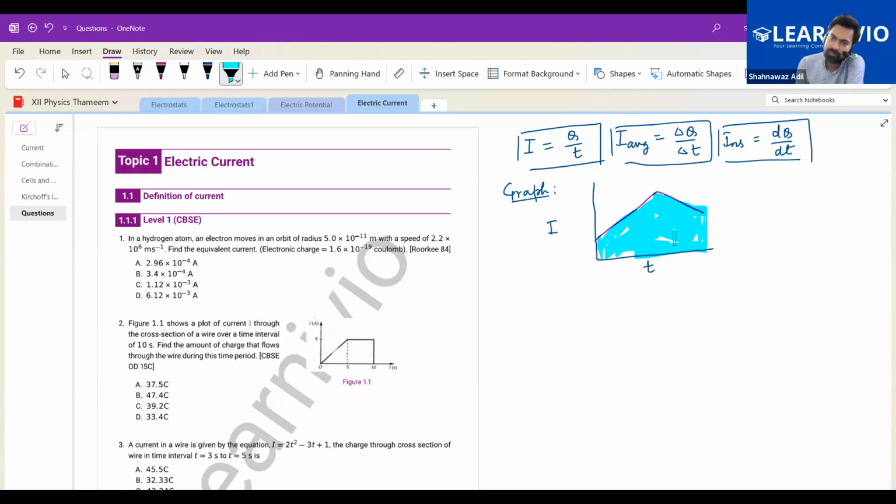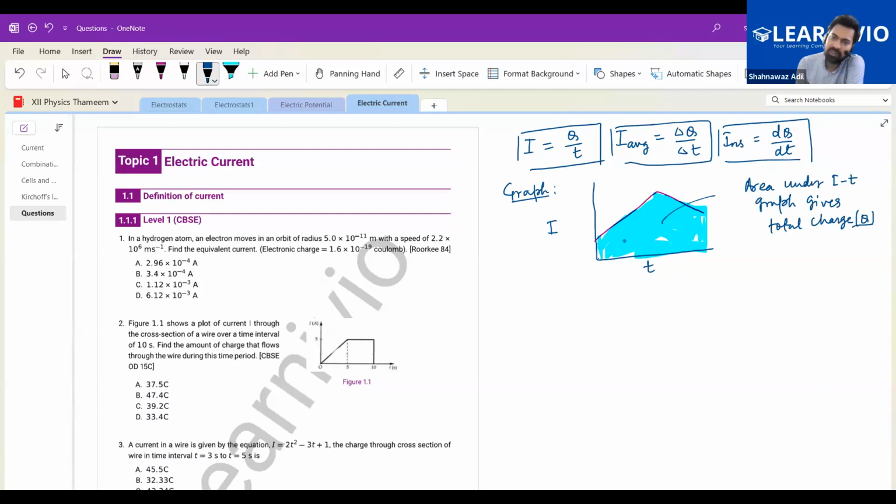So the area under the I-T graph gives total charge. Right.